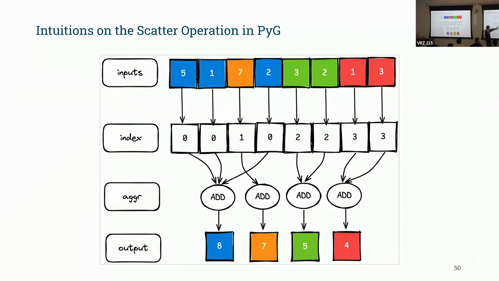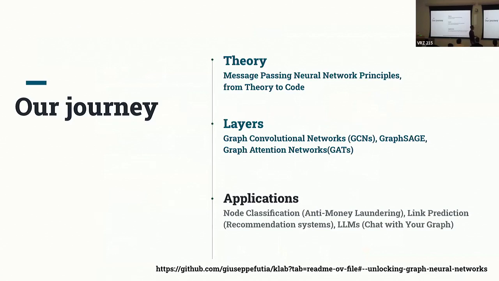So for instance, if you have a 0 here, here, and here, so in the first, second, and fourth position, it means that the numbers in the input located in the first and the fourth position should be aggregated and put in the resulting vector. So this scatter operation is basically related to the aggregation process that we have described.